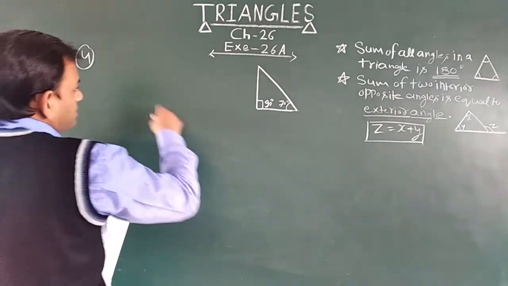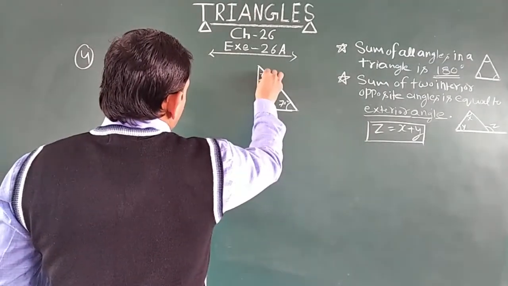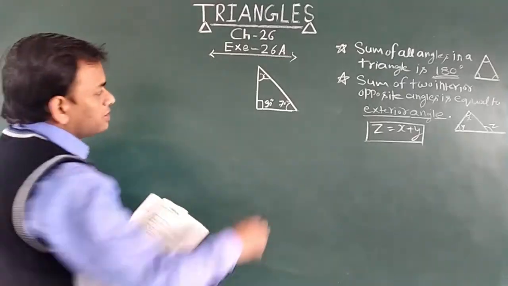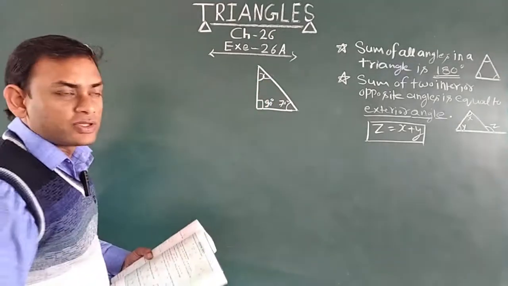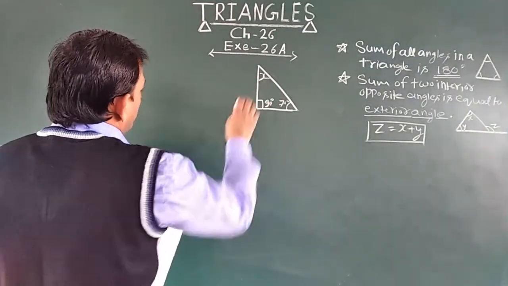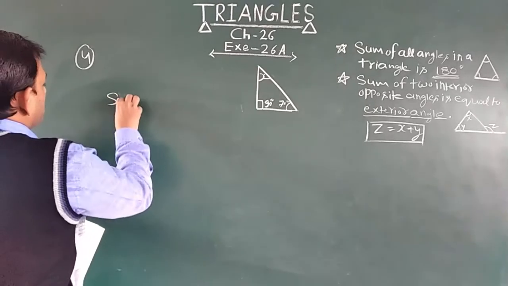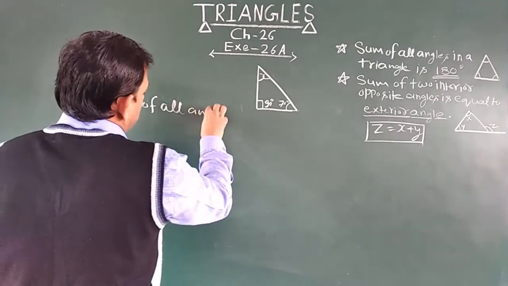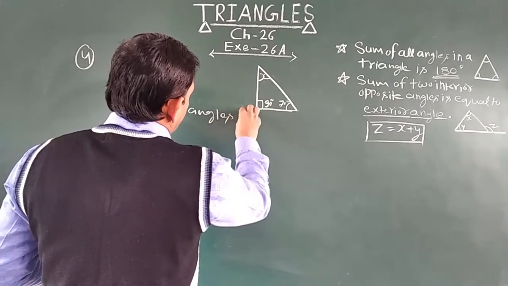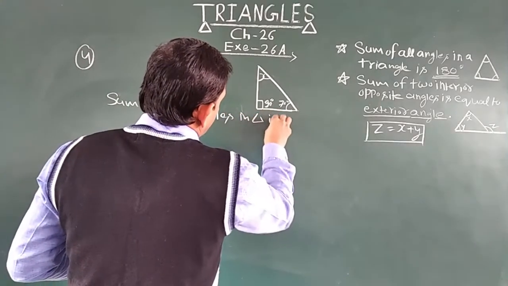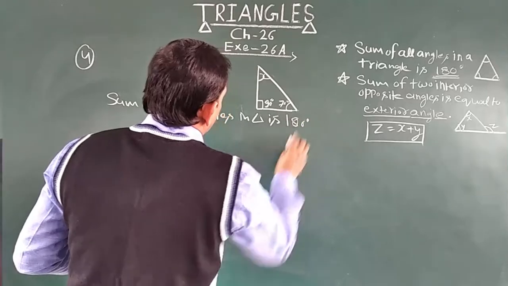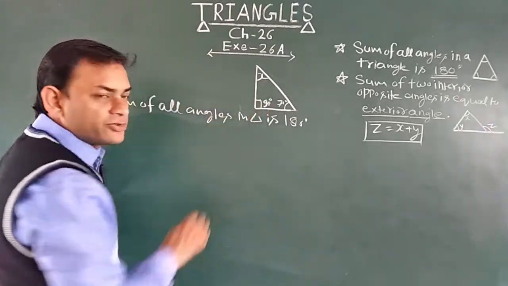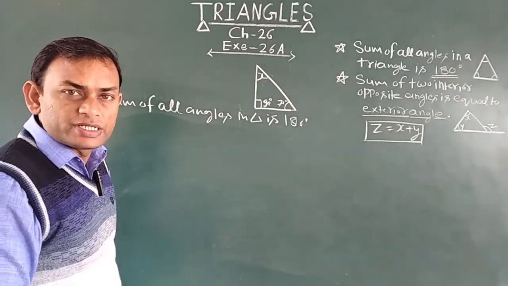Okay, suppose this third angle is x, and you have to find the value of x. As you know, the sum of all angles in a triangle is 180 degrees.